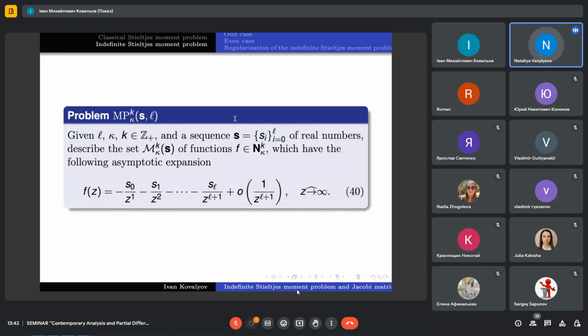But as for me, if z tends to 0, it's a constant, yes or no? No, it's a real number. Because this is an expansion for large z. But z here is only a real number, not a complex number.